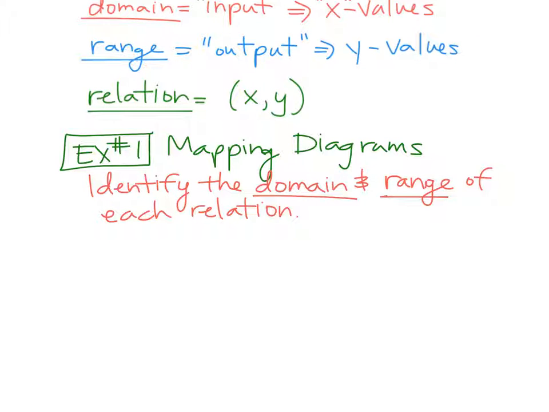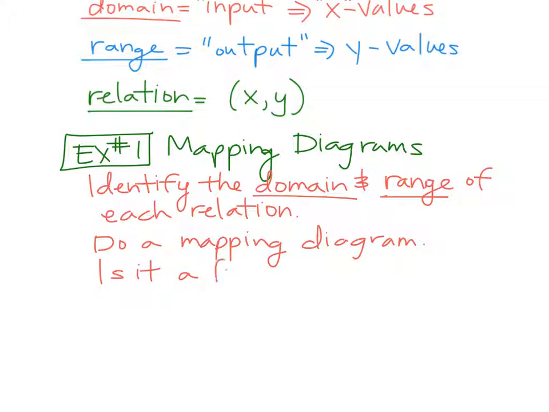Okay, so identify the domain, identify the range, then do a mapping diagram. And then you're going to determine, is it a function? Okay, so a mapping diagram is going to help us determine if something is a function or not, okay?